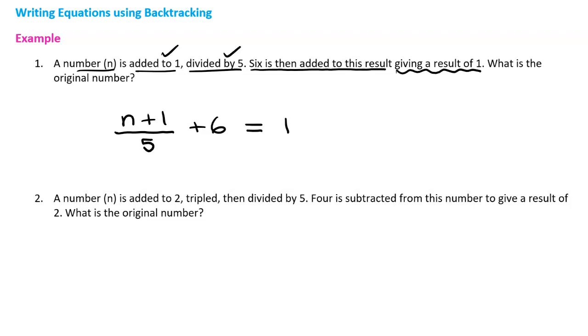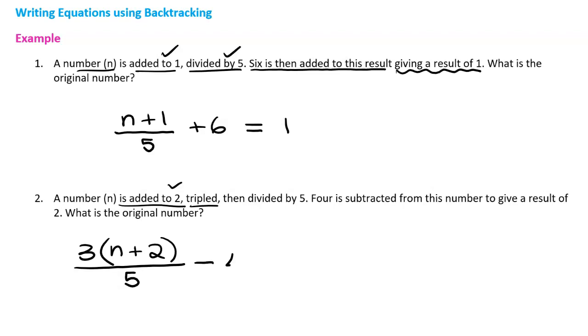A number n is added to 2. Okay, n is added to 2. We're then told, so we've done that, it's tripled. So to make the whole thing be tripled, we're going to break out our wonderful bracket friends and put a 3 in front, because that means 3 times the entire thing, n plus 2. We're then told this is all divided by 5. So let's do a big old vinculum, 5. 4 is then subtracted from this number.